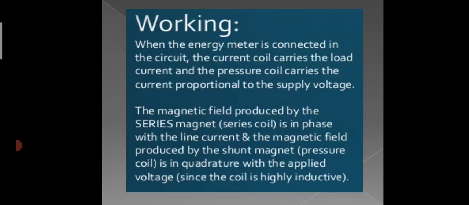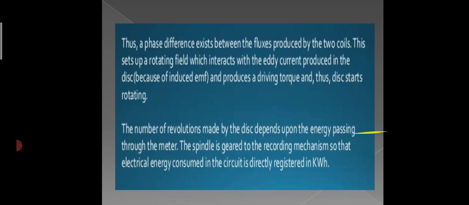Next we go for the working of the energy meter. When the energy meter is connected in the circuit, the current coil carries the load current and the pressure coil carries the current proportional to the supply voltage. The magnetic field produced by the series magnet is in phase with the line current, and the magnetic field produced by the shunt magnet is in quadrature with the applied voltage.